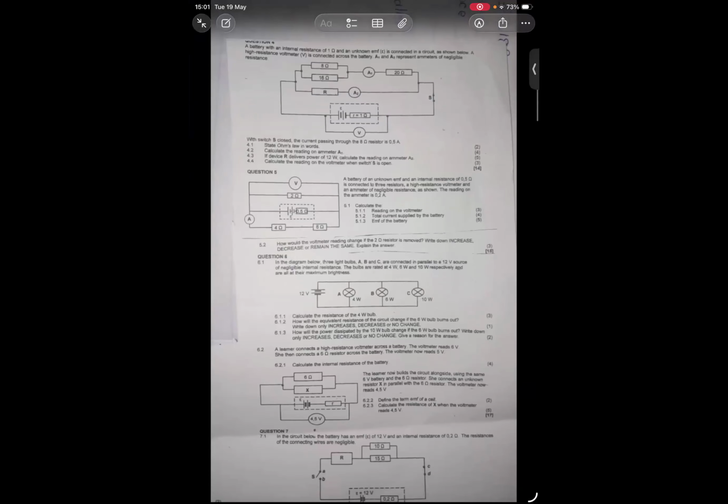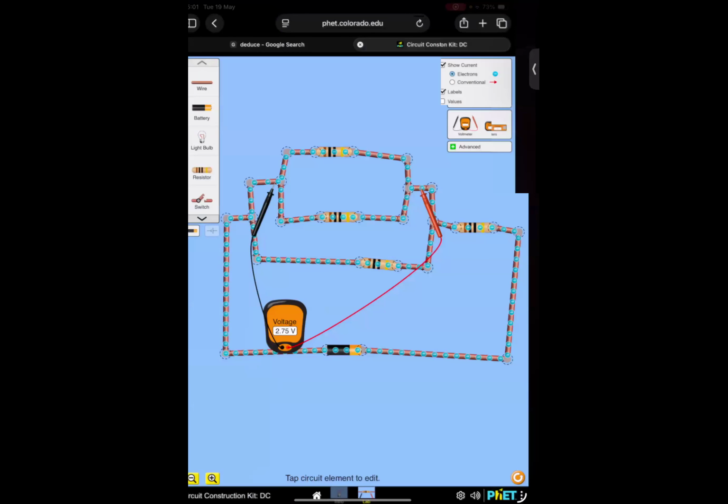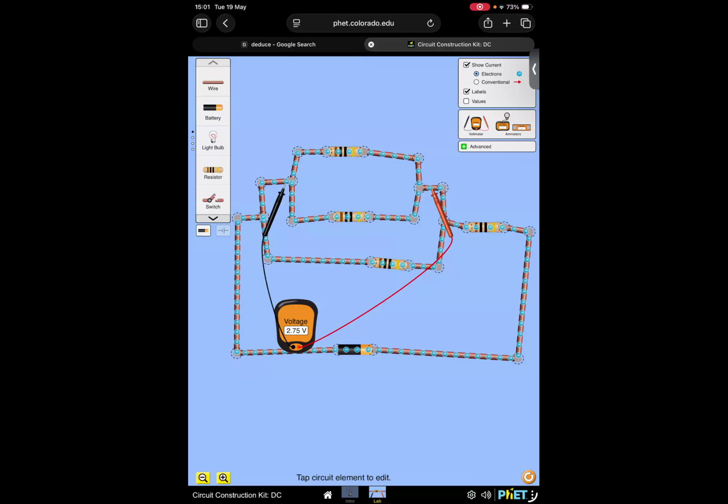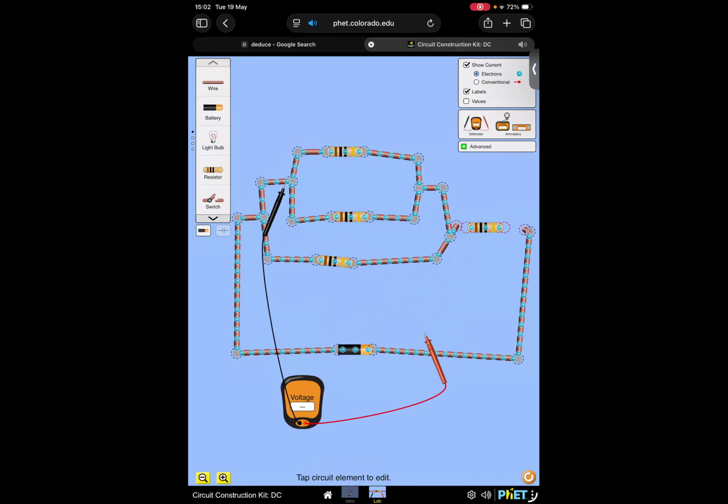I think the connection is the problem. Let me see. Because that part is supposed to be connected to that 20 ohm resistor. Eish, this thing is frustrating a bit, wait.